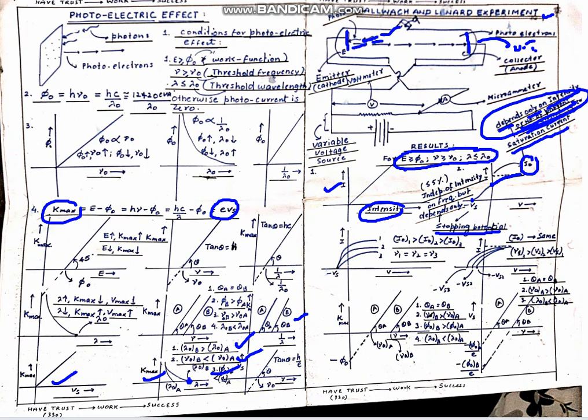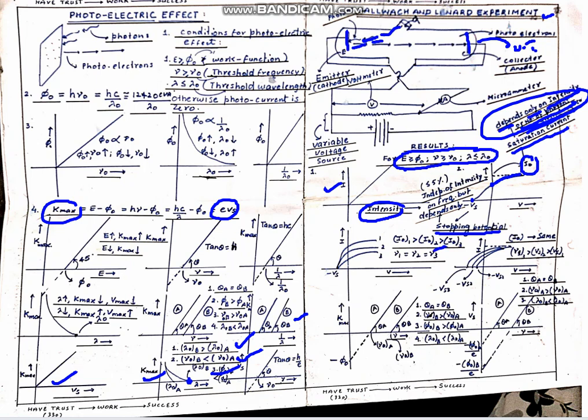But here we assume that there is a variation of frequency within error limits of 5%. So we can assume that frequency practically remains the same, and it is the intensity, or the number of photons, which changes. So this graph is drawn under these conditions.